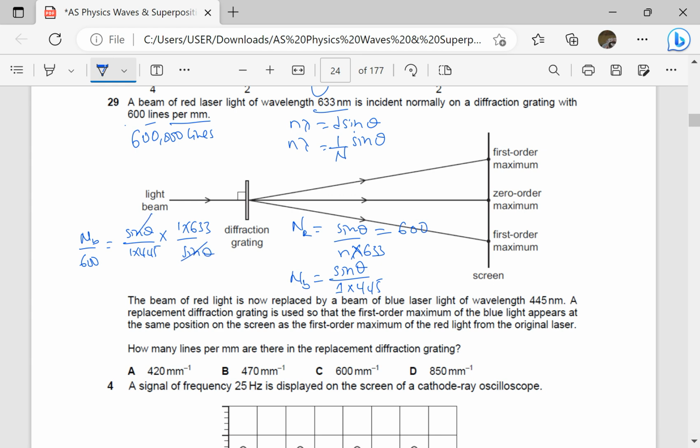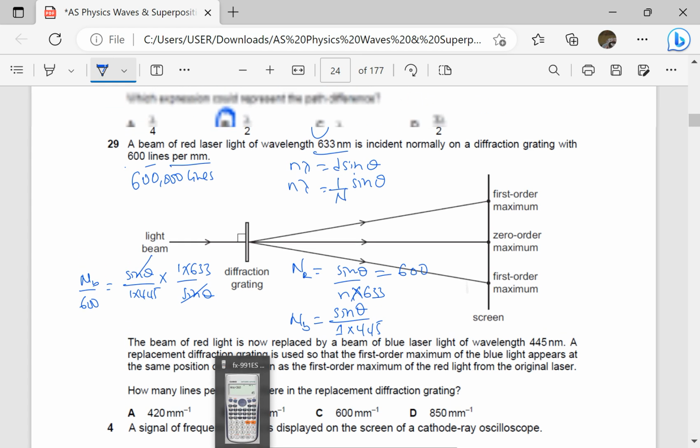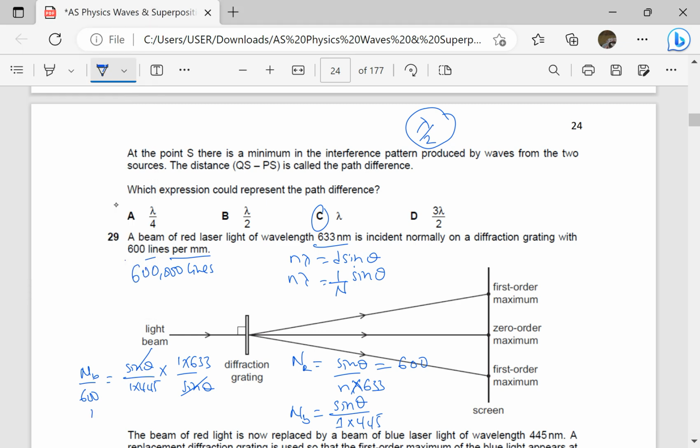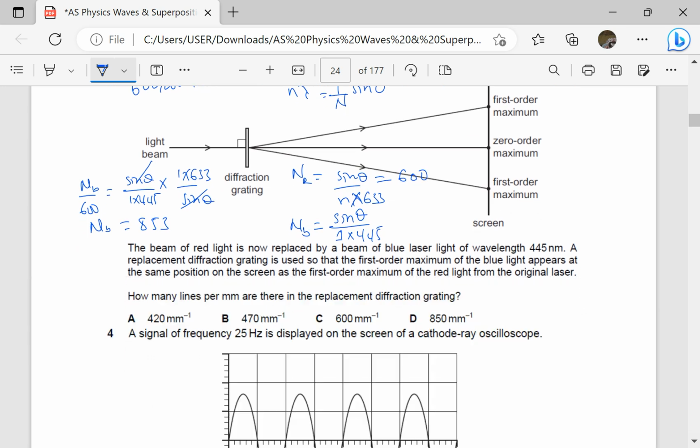So sine theta cancels, and I just get 633 divided by 445, then times 600. That gives us 853. So n for blue is 853, which is approximately 850. So we check, the correct answer here is going to be D.